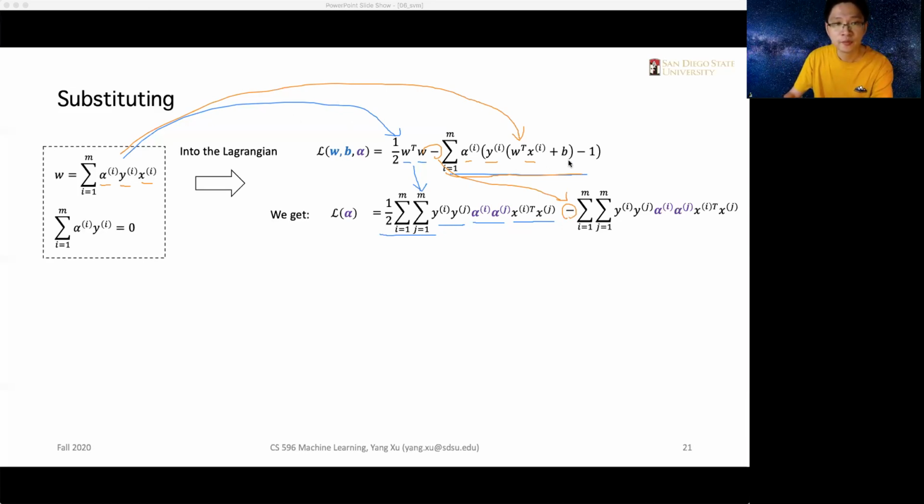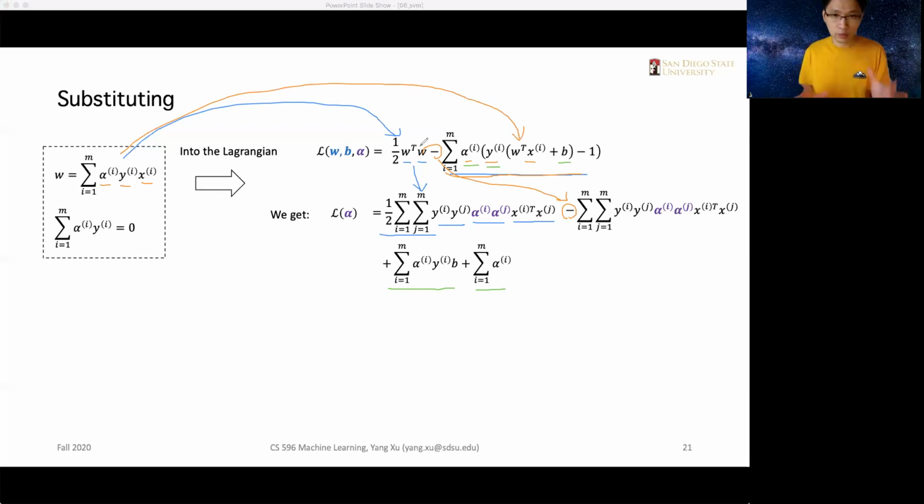Then we have the b terms left. For the b term here, the coefficients before b are alpha and y. So that's why we have the two terms left here. That's the term containing b, and the last term is the summation of all the alphas.